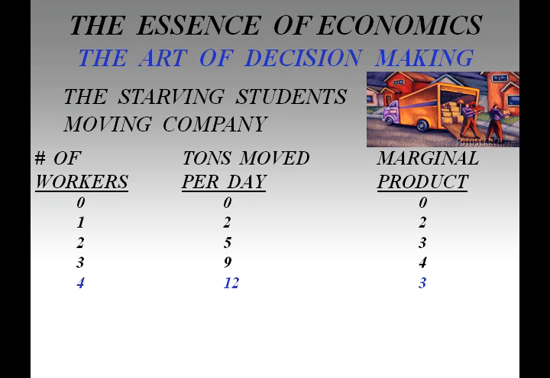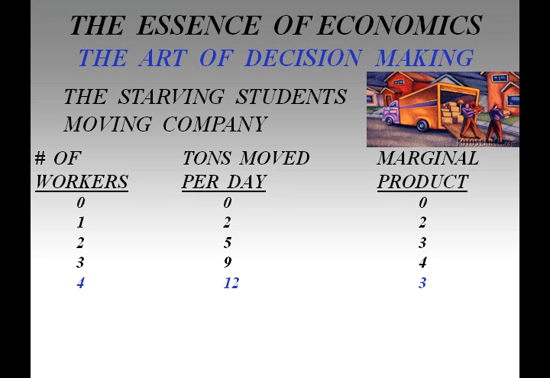Now, they wind up moving more weight, more tons per day, but they do it at a decreasing rate. This will show why it's really important to keep a close eye on the numbers and the measurements for your business.